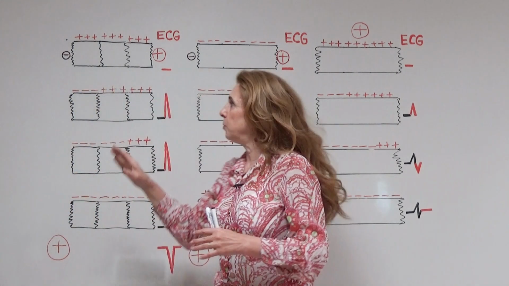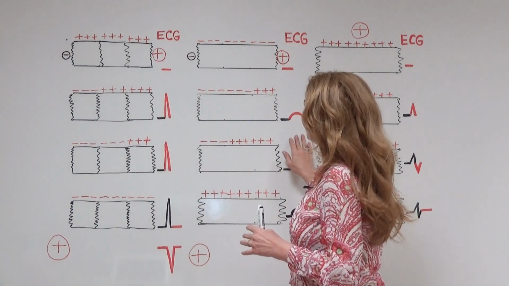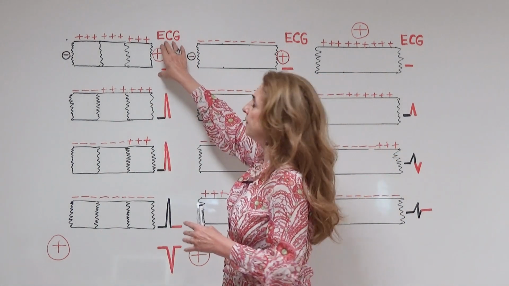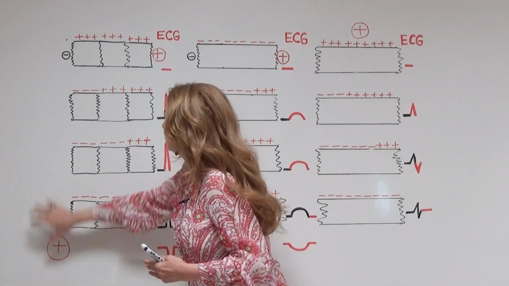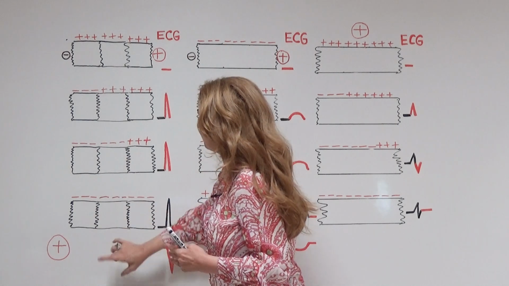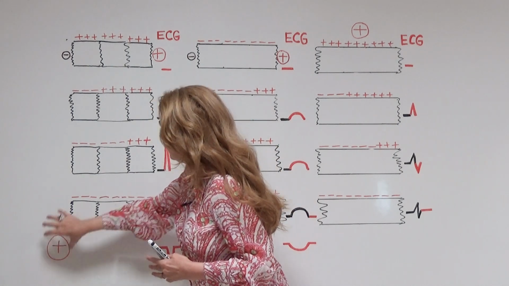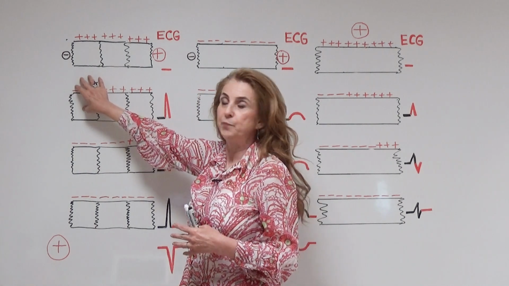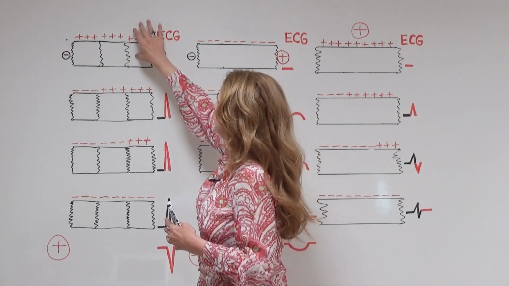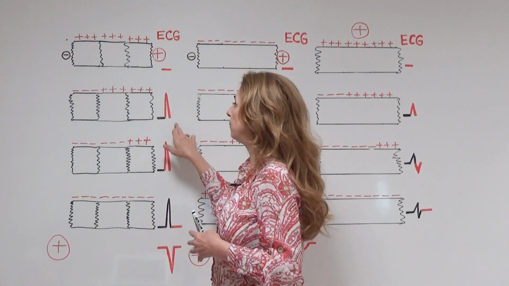I explained depolarization and repolarization waves by putting the positive electrode on the right side. What is going to happen if I put it to the left side and the events are similar? Now, my positive electrode will be on the negative side of the dipole. If the positive electrode is on the positive side, there will be a positive recording.